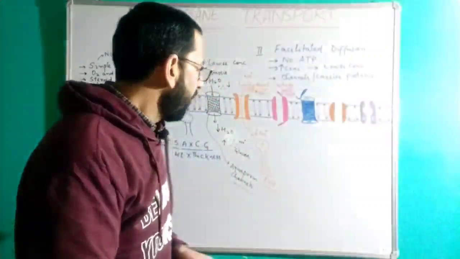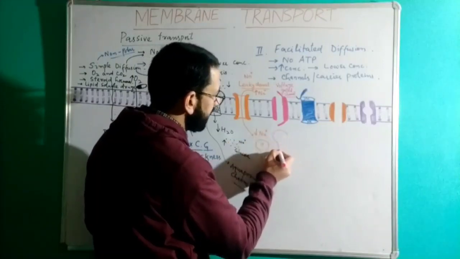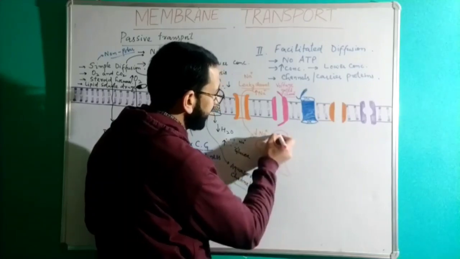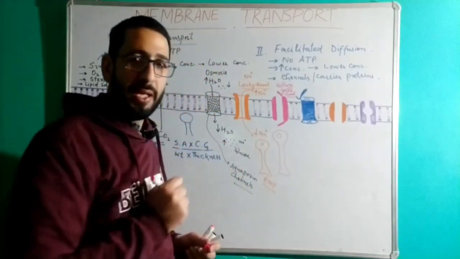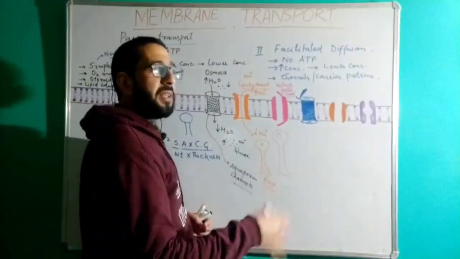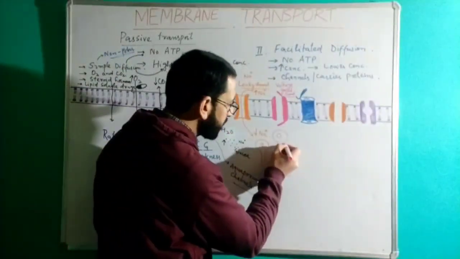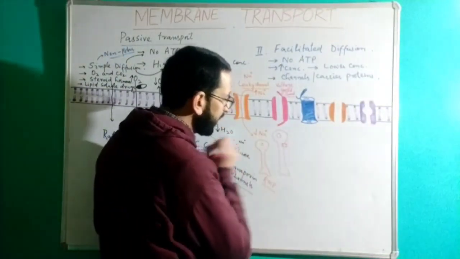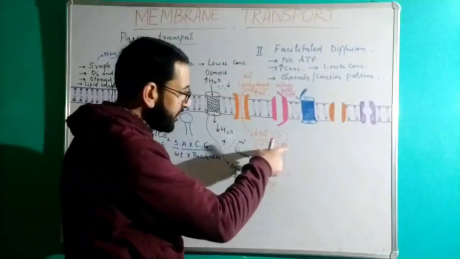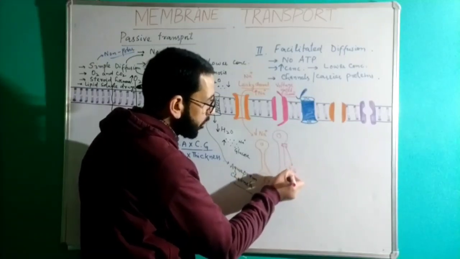For example, we are again taking the example of a neuron. When we are generating something in the neuron called a graded potential, and that graded potential is reaching the threshold potential, that threshold potential is going to open particular channels in this part which is called the axon hillock, and these channels here are called voltage gated sodium channels.